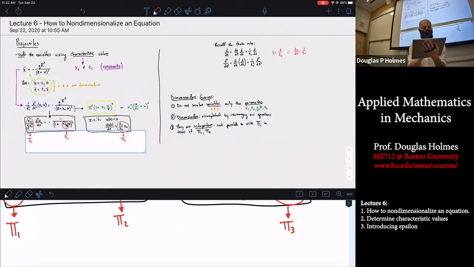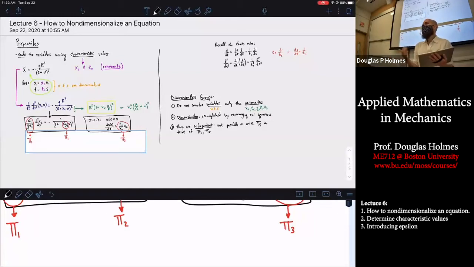So that's the first part. Now the second part is we can already, before we do anything else, and before we even know what the characteristic values in our problem are, look at these and glean some physical insight from them. So Pi 1 is clearly the characteristic acceleration of our projectile relative to the Earth's acceleration due to gravity.